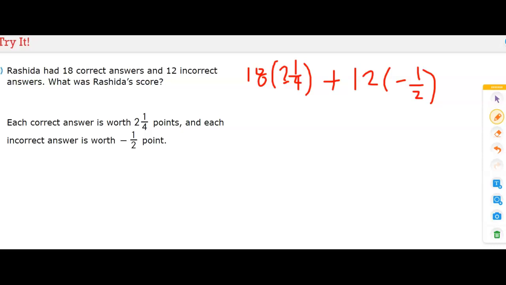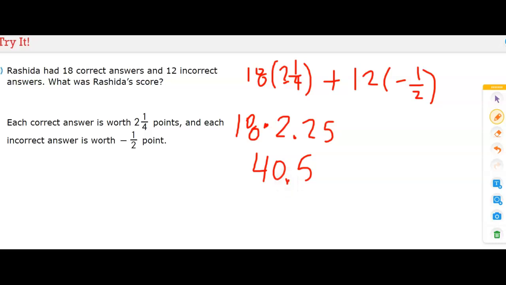2 1/4 is easy to turn into a decimal. So we're going to make that 2 25/100 because 1/4 is like 1 out of 4 quarters is 25 cents. So we have 18 times 2 25/100, and we can do that in a calculator. So 18 times 2 25/100 gives us 40 5/10.